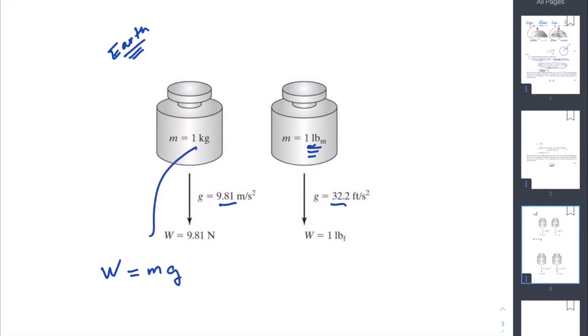Well, m in this case is 1 kilogram, the standard unit for mass in the SI system. Then we multiply by g. g is 9.81 meters per second squared. So that gives us a weight of 9.81 newtons. Really straightforward, you just plug it in.